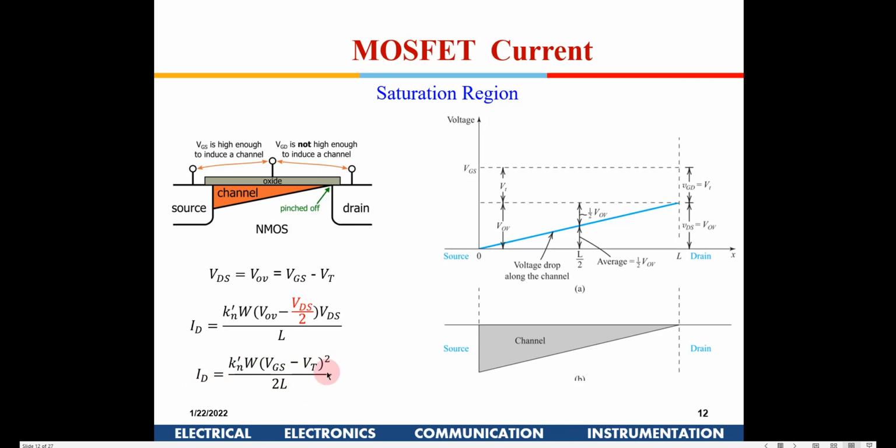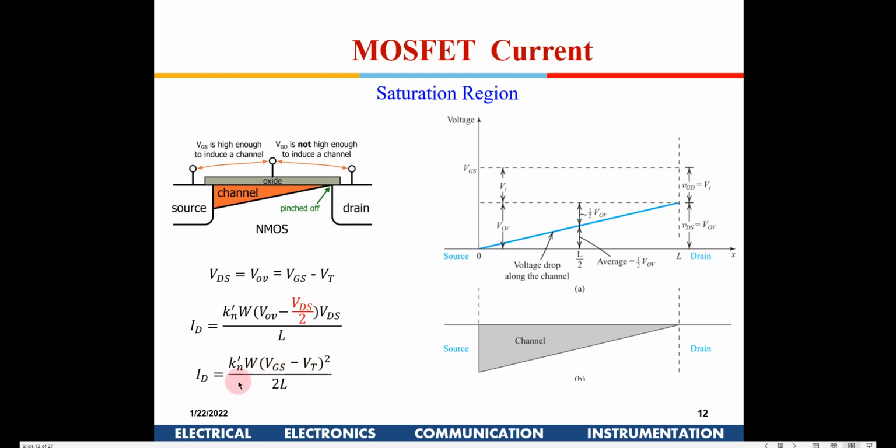If you see here again, it is in this region, VGS minus VT squared. More overdrive voltage will give me more drain current. Similarly, a higher width will give me higher ID, and a lower channel length will give me higher ID.